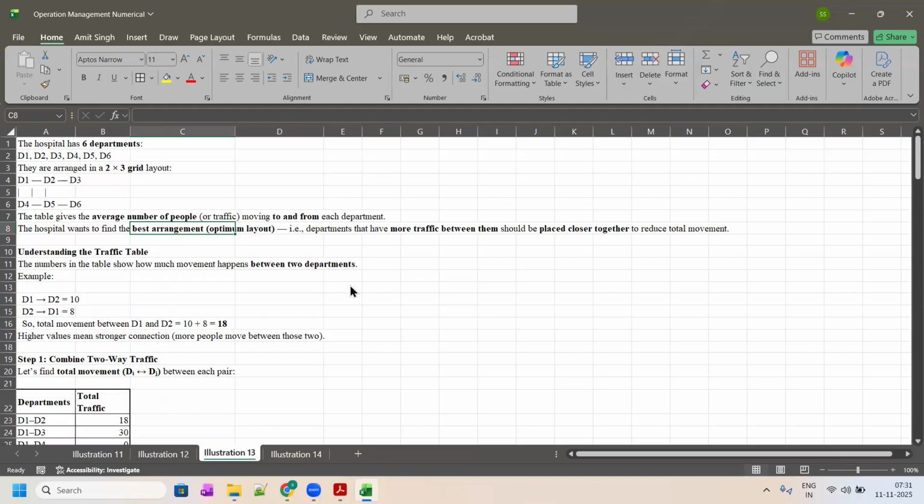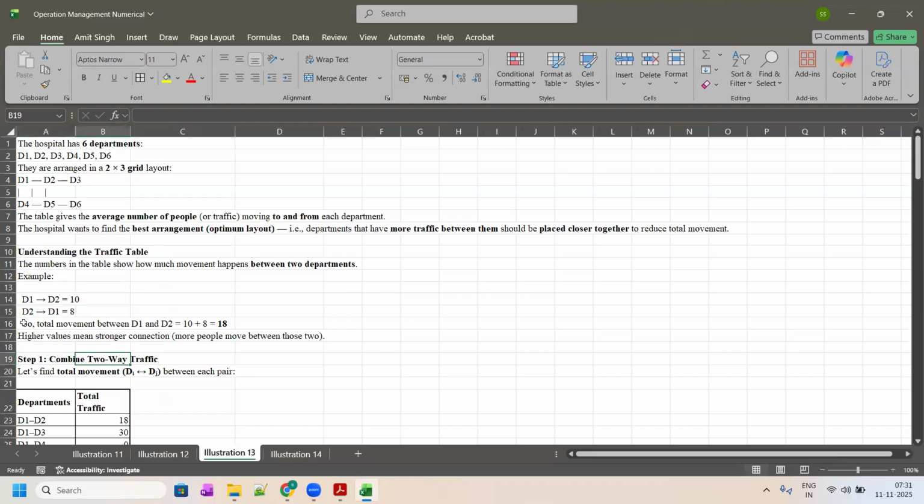So as per this numerical, we'll have to calculate the traffic data, or the movement cost of traveling from one department to another department. If I consider departments D1 and D2, the cost of traveling from D1 to D2 is given as 10, and from D2 to D1 it is given as 8.